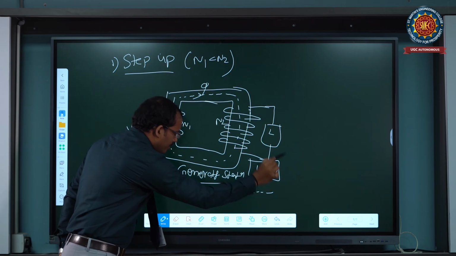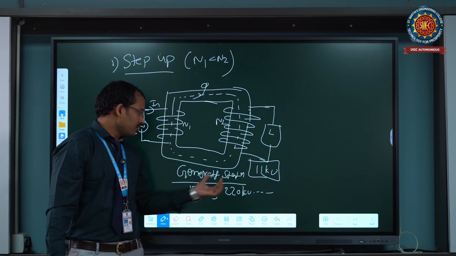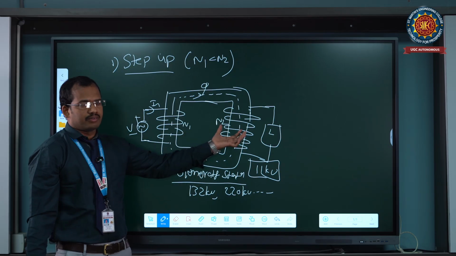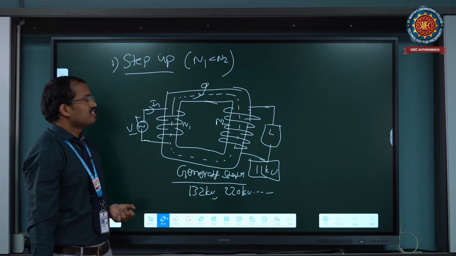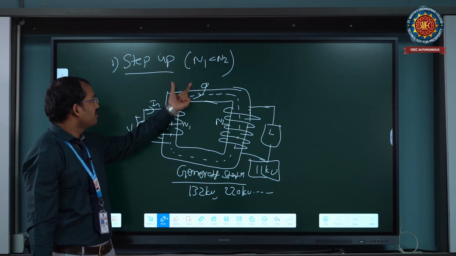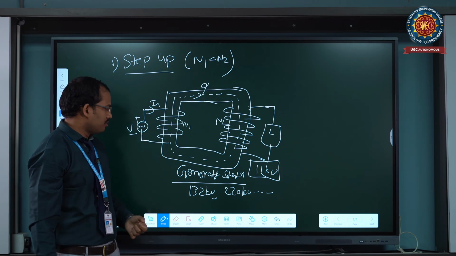So the basic principle is N1 is less than N2.